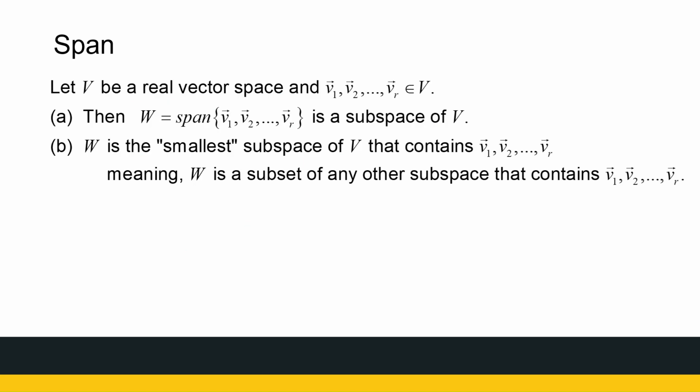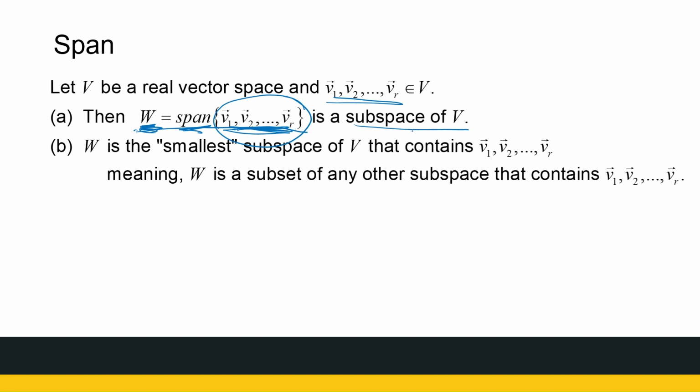If V is a real vector space, here is a theorem relating to span. If I've got elements V1 to Vr of a vector space, the span of those vectors is going to be a subspace. The set with just V1 to Vr is not necessarily a vector space, but W is a vector space because it's the span of those vectors.